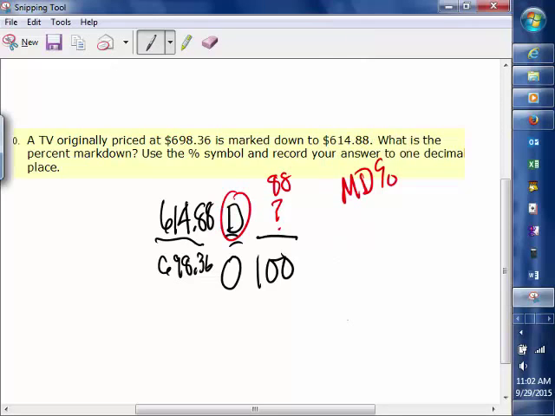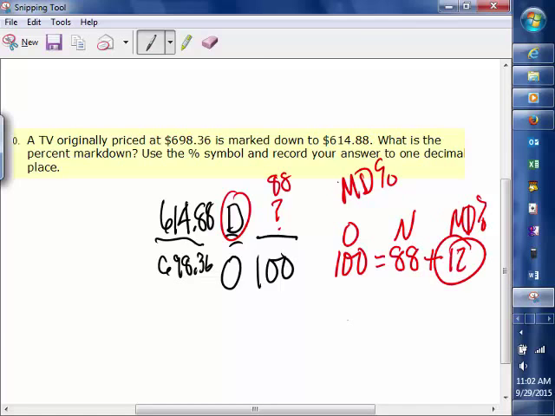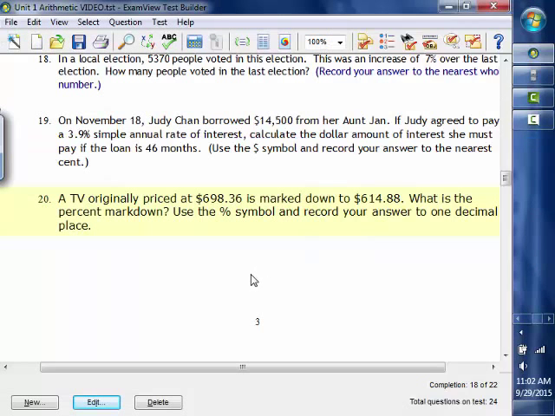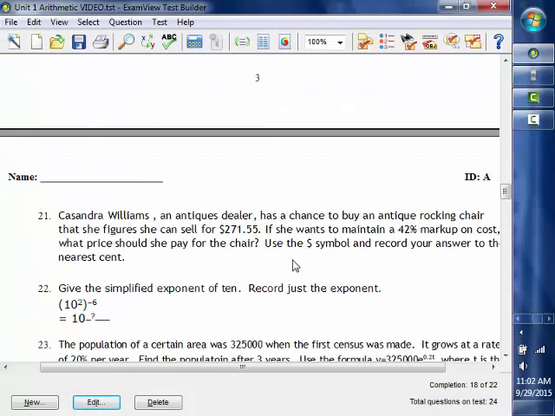The amount that it's down is 88%. Since we had 100%, that's 88%, the new price, the old price, the new price, plus the markdown percent, which is 12, right? So if you wrote 88, I'd give you half credit, but really they want to know the percent markdown.